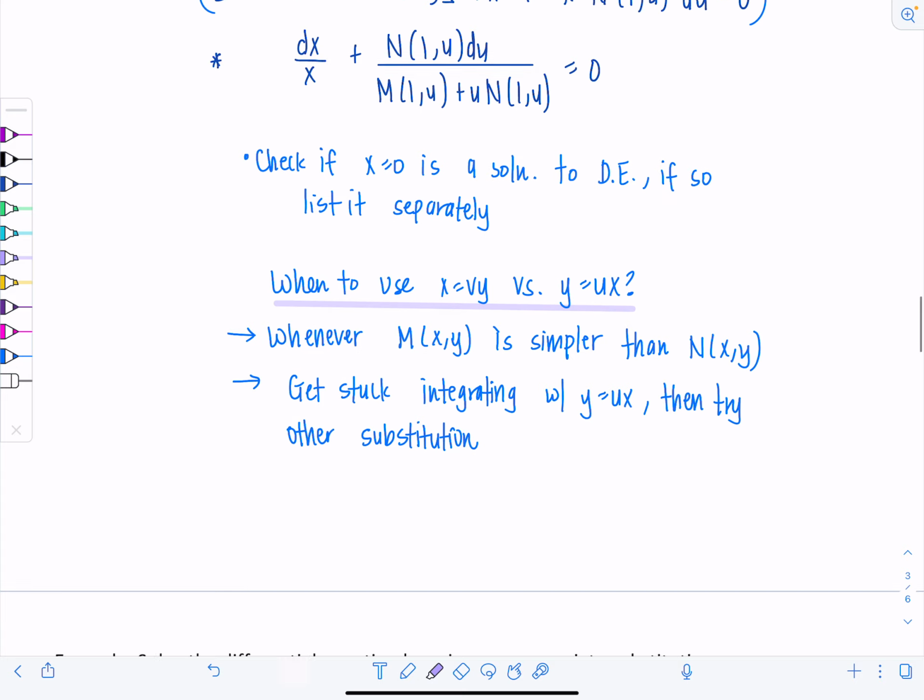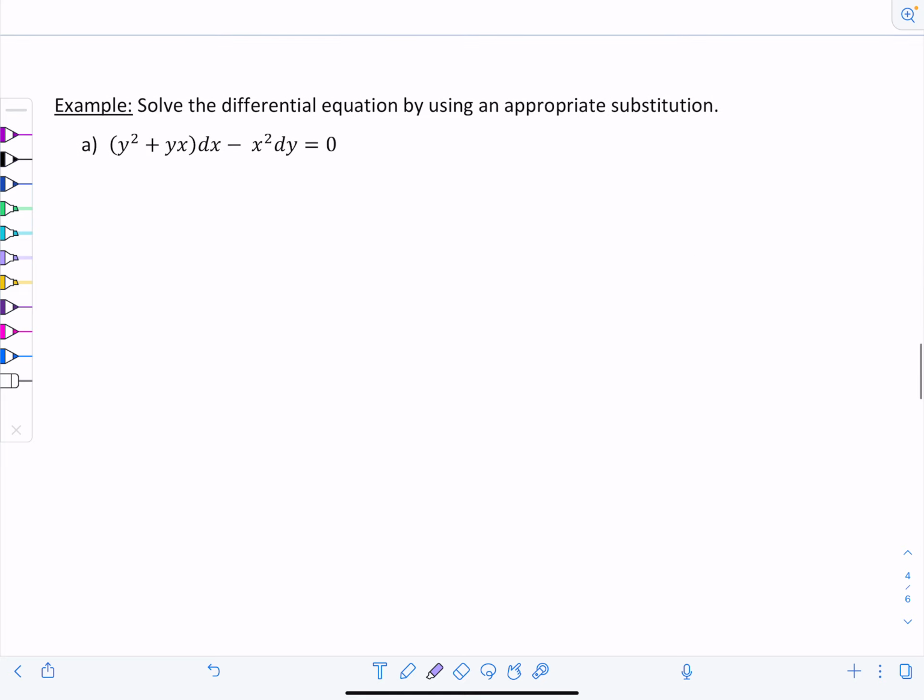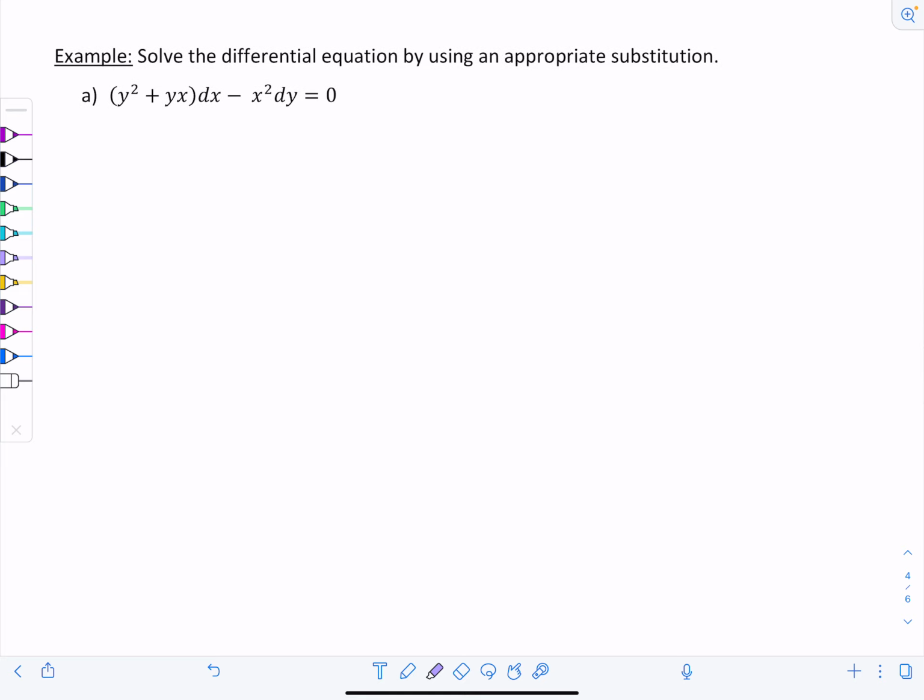Here we go. So example, solve the differential equation by using an appropriate substitution. Now, if you're doing this out of a textbook, most likely you're in some section that's only going to give you exercises involving homogeneous differential equations. But let's say you're taking an exam at the end of the semester and it's just a potpourri of differential equations, you've got to learn to check what kind it is before you get going, so you apply the correct solution technique.